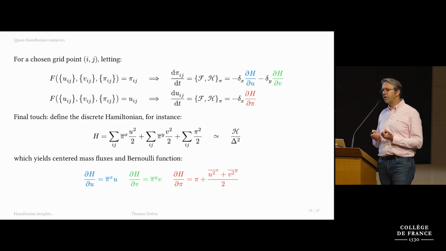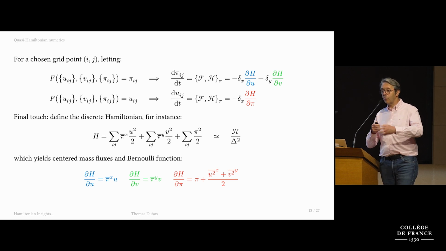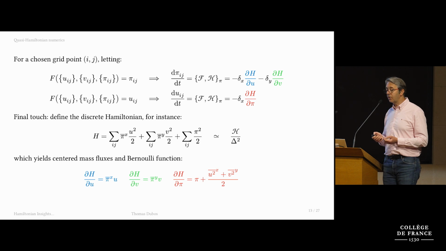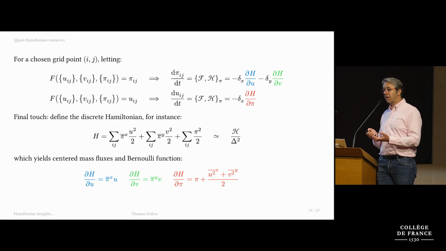What people were doing in the 70s, they would first decide on these expressions, and then they would derive the energy budget and go back and forth until they have an energy conserving scheme. Now you can just write the bracket, and if the bracket is antisymmetric, for any expression of total energy, you have an energy conserving scheme. So it's a much more systematic procedure.